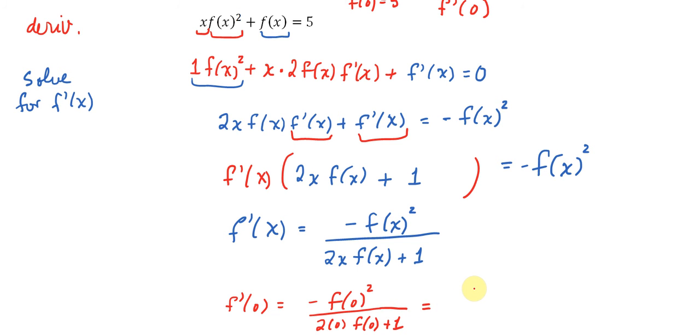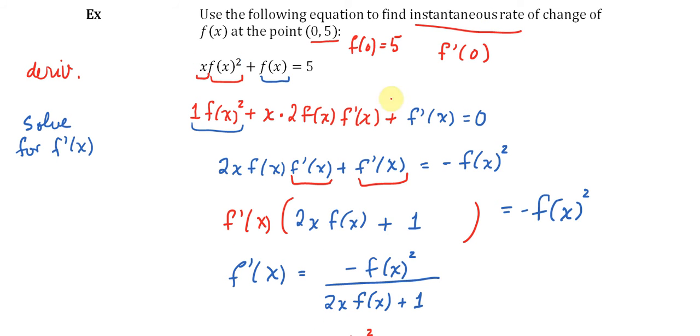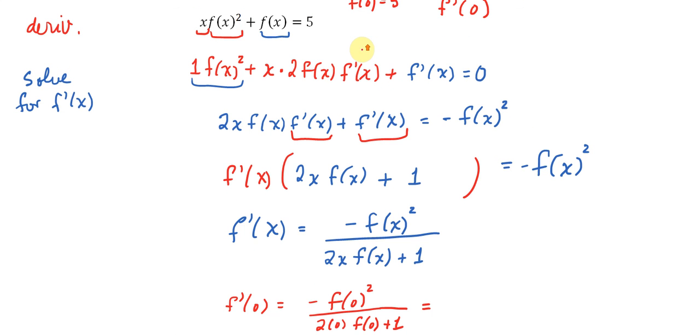Now, from what we know above, f of 0 was equal to 5. So this is negative 25, because you have f of 0, which is 5, squared here, all over 2 times 0 times something, which is just 0, plus 1. So our answer is negative 25.